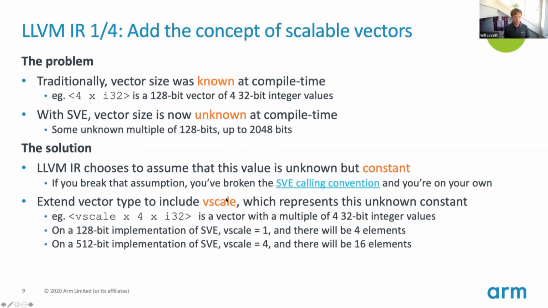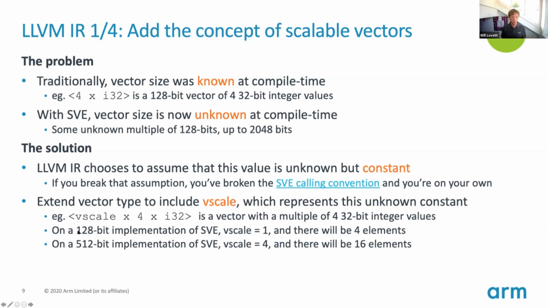Okay? So we have extended the type system in the LLVM IR to include a concept we've called vscale, which represents this unknown constant. So a scalable version of the vector we saw before would be declared as vscale times 4 times i32. So this is a vector which is some multiple of 4 32-bit integer values.